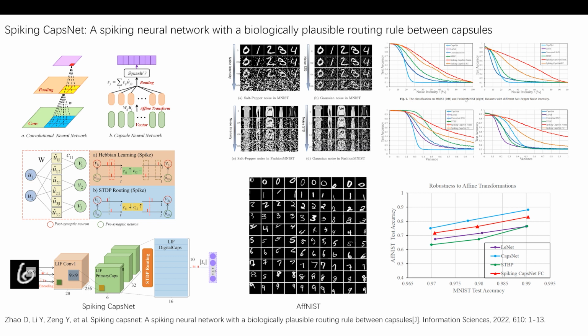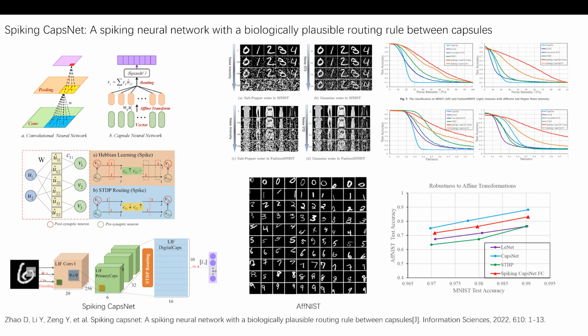We also tested the generalization of Spiking CapsNet for affine transformation by training it on the MNIST training set and testing it on the affine test set. AffNIST is an extended MNIST dataset where each sample is an affine transformation of the corresponding sample in the MNIST dataset. The size of the samples is 40 by 40, as shown in the figure. Our model is compared with the spiking convolutional neural network, the traditional convolutional neural network, and CapsNet.